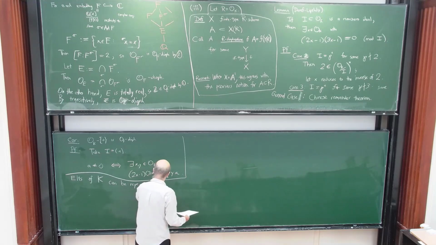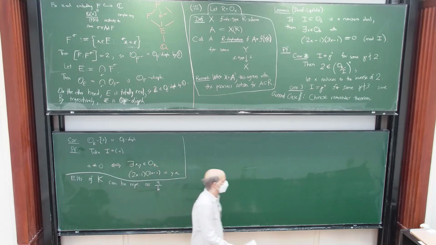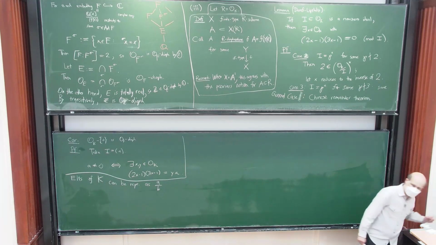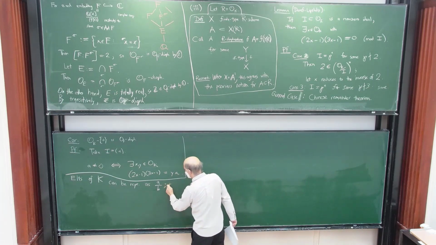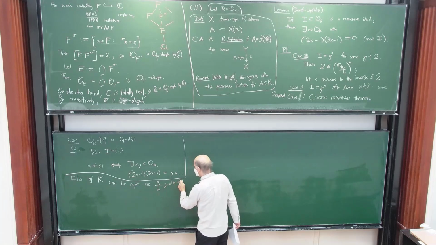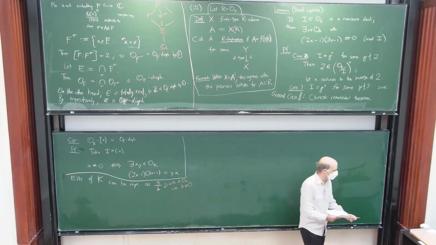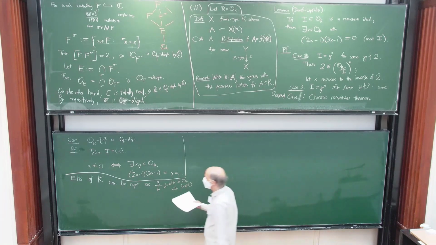So you write the elements as A over B. So here the A and B are elements of OK. But the point is, we now know how to say that B is not zero.